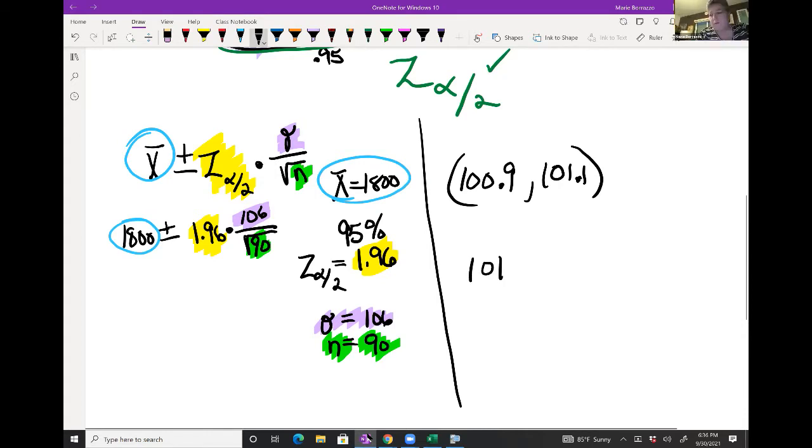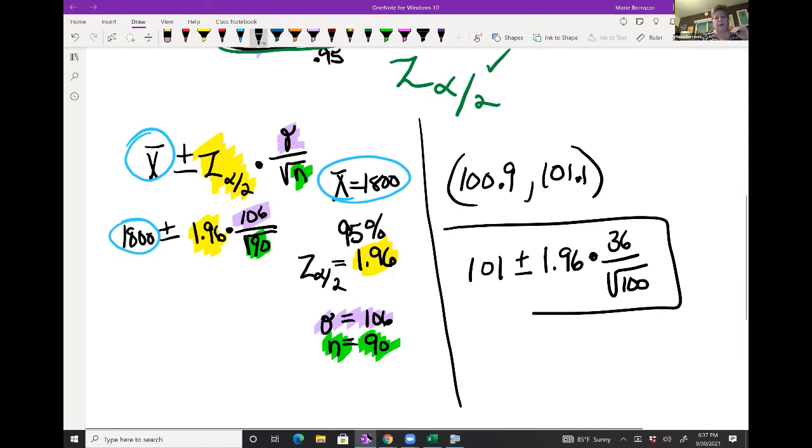Our formula is 101 plus or minus 1.96 times 36 divided by the square root of 100. That's what your formula should look like. So check yourself, get used to writing it out. I don't care if you're using technology, because it helps you to do that.